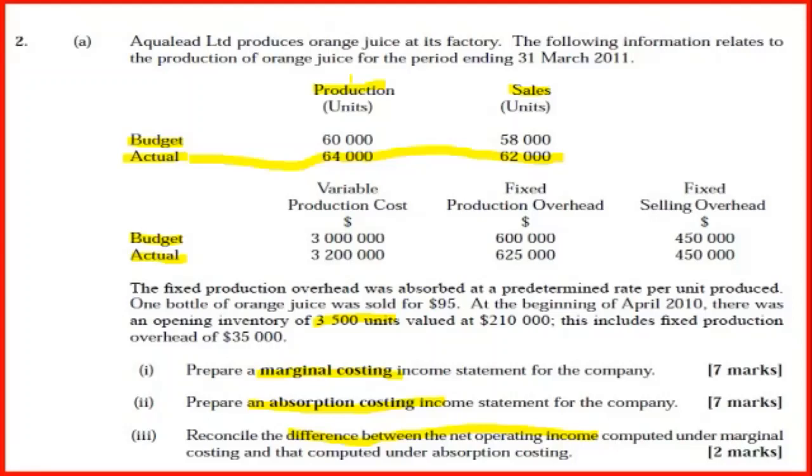Right, some additional notes. The bottle is sold for $95. At the beginning of the year, you had 3,500 in opening stock, valued at 210. And this includes fixed overhead of 35, right?